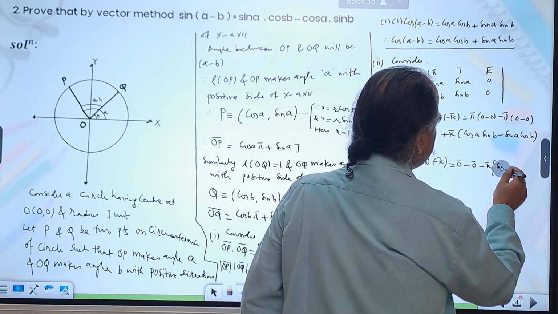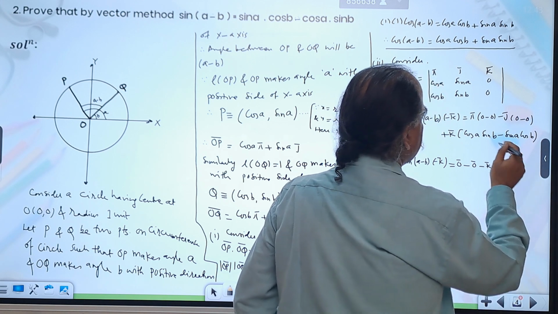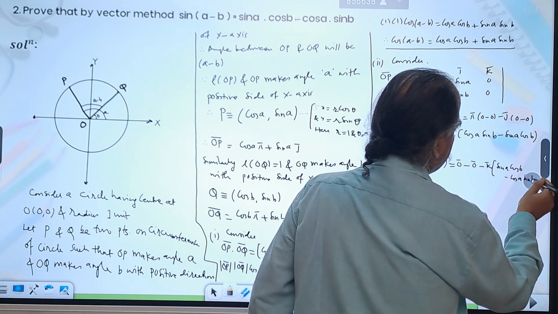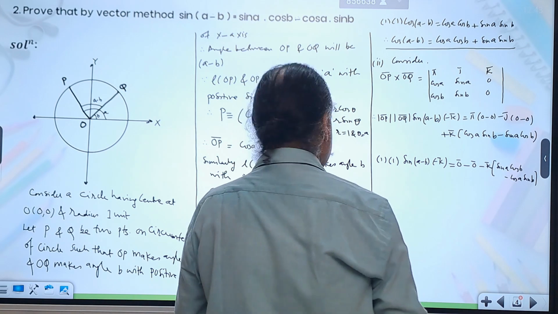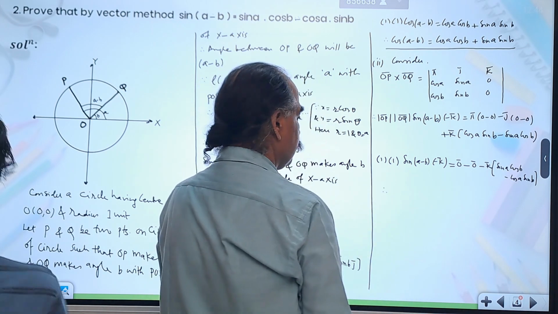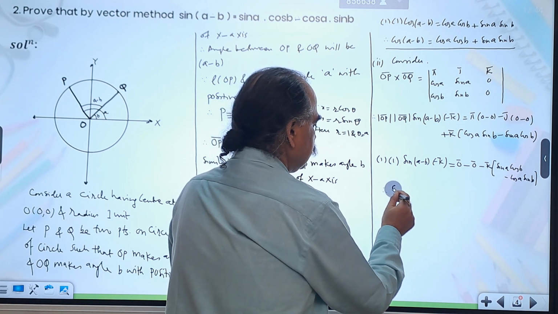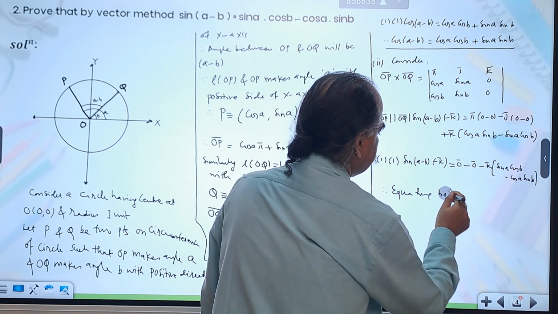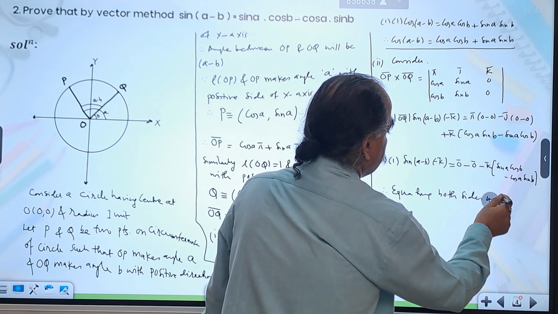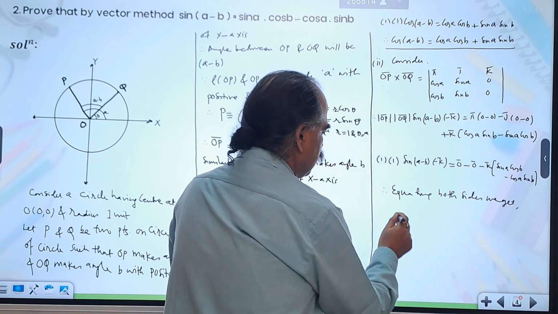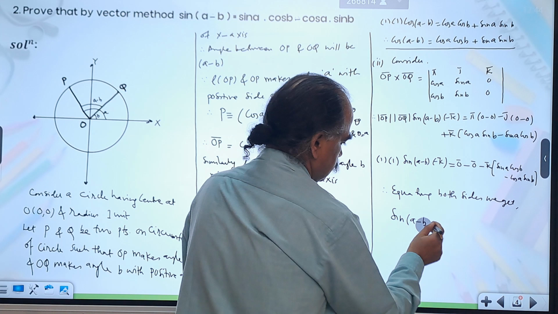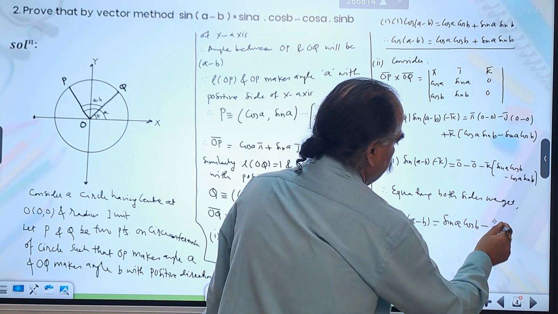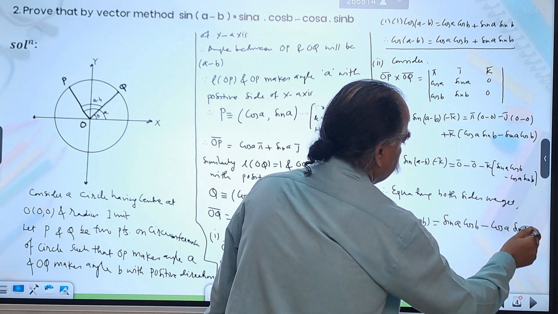So we'll get sin A cos B, and this plus will become minus cos A sin B. Therefore, equating both sides we get sin of A minus B is what? Sin A cos B minus cos A sin B.